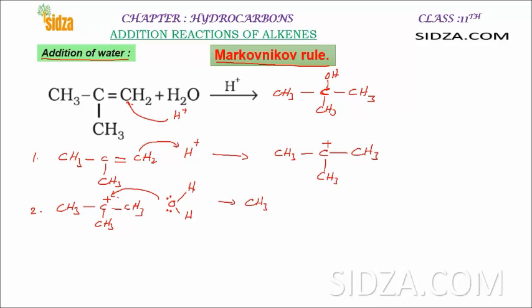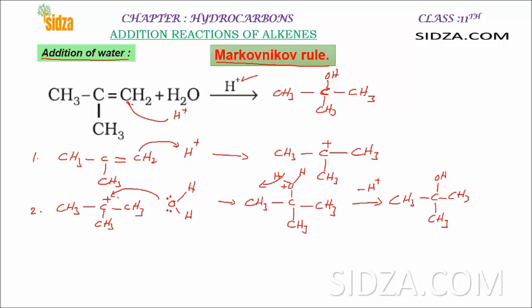It forms an intermediate like carbon with the OH, H and H, positive charge on the oxygen, and you get the CH3, CH3, and then one of the hydrogen atoms is lost here as H plus, and you get CH3, C, OH, CH3, and the CH3 here. Okay, so here is the loss of a proton, the same proton that we used as a catalyst. So these are the two important steps in the addition of water to the alkene.